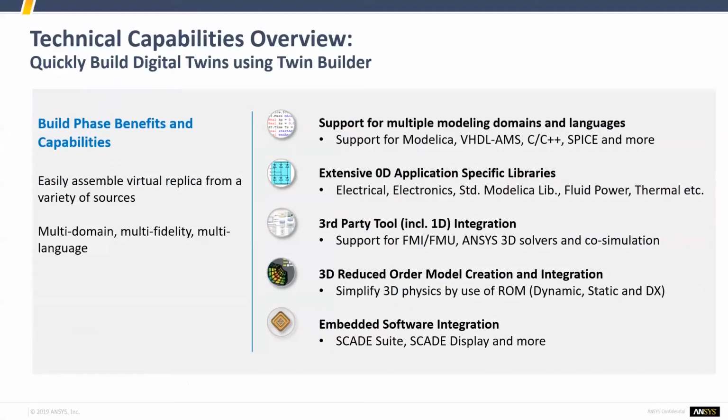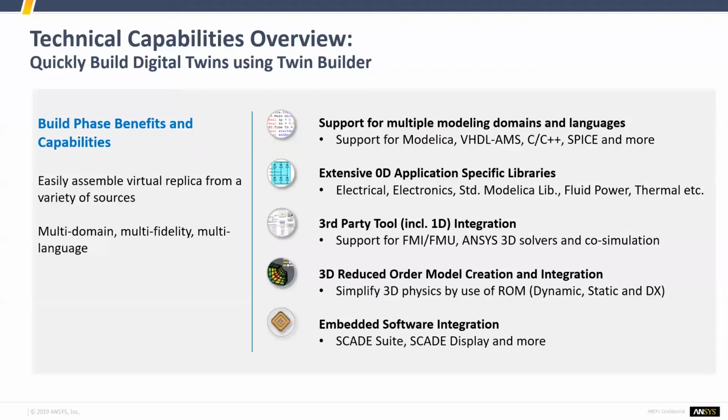We also allow bringing in third-party tools or modeling done in third-party tools, through support of FMI FMU. FMI FMU is a standard that allows interoperability between different models. A number of Ansys 3D solvers support this standard, and we also do co-simulation with 3D solvers.